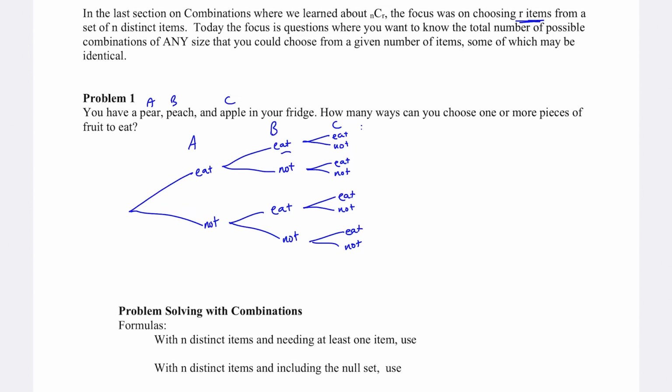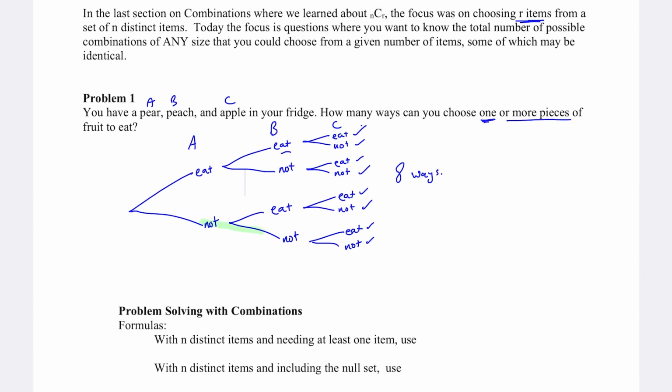So what do we have in total here? Well, we have 1, 2, 3, 4, 5, 6, 7, 8. We have 8 different ways. But you might notice there's one small problem. It does say, how many ways can you choose one or more pieces of fruit to eat? Well, what would the problem be?